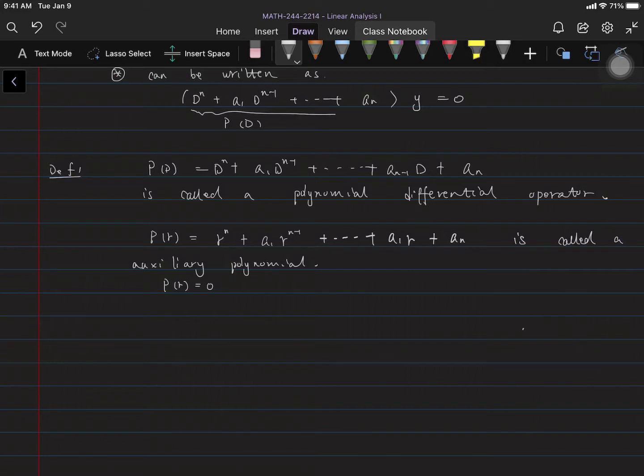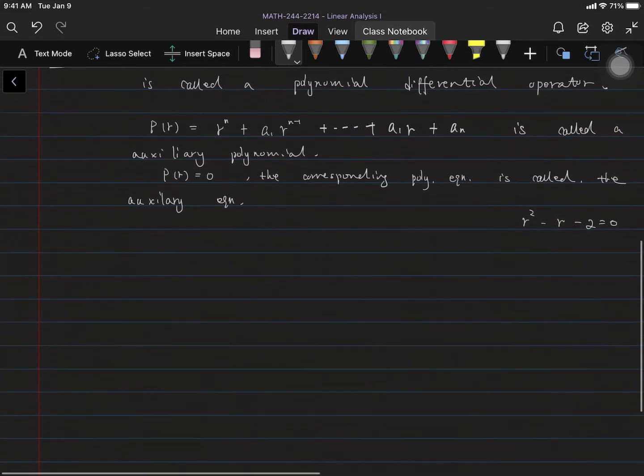For example, before we solved this kind of thing, r squared minus r minus 2 equals 0. This is P(r) equals 0, right? This is the corresponding polynomial equation, and it is called the auxiliary equation.